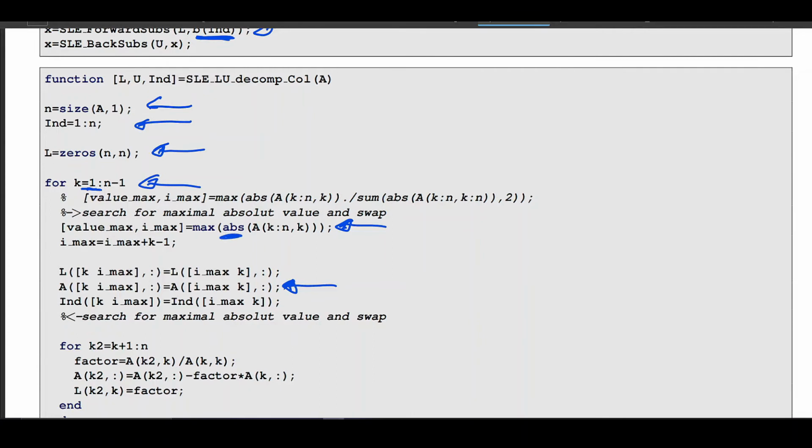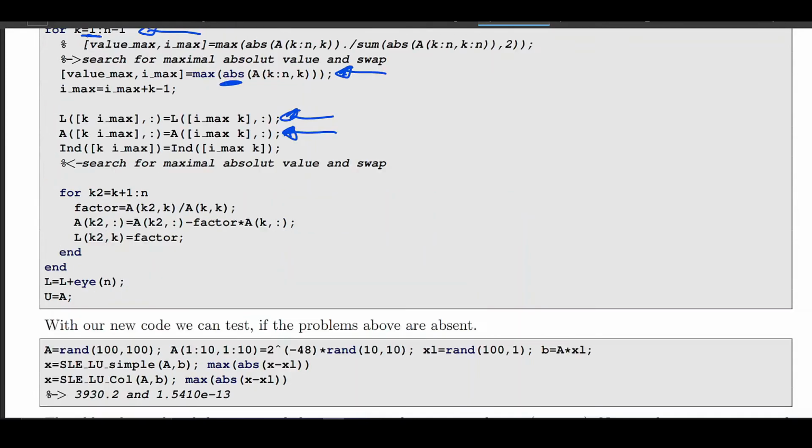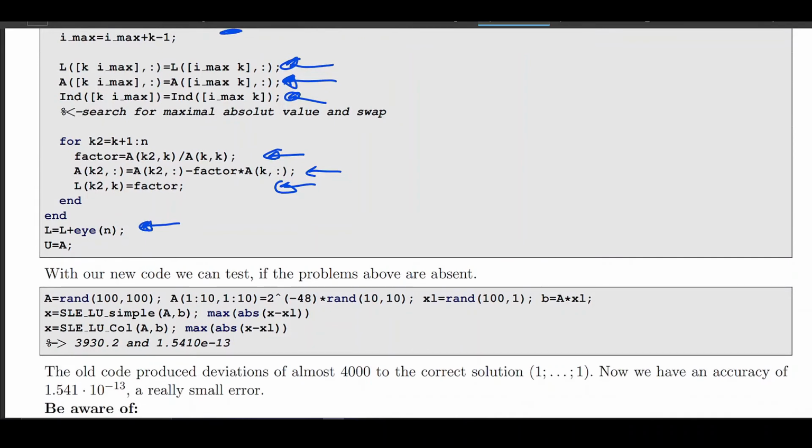And we also have to apply that swapping to the L matrix, and we also have to keep track which changes we did so far. And now we do the elimination process after the swapping, and this is a copy of the code of last time. Then we add the ones onto the diagonal, and the rest is the same we had before.